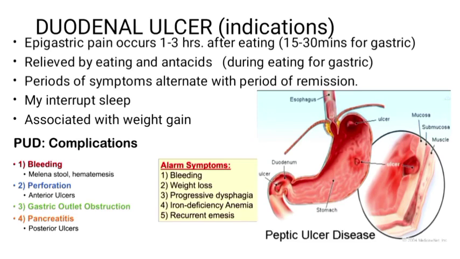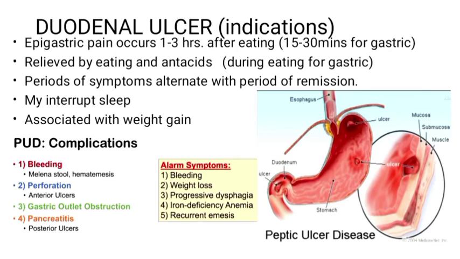But here, as we look at an overview, the pain is relieved by eating and antacids, periods of symptoms alternate with periods of remission, and it may interrupt sleep, also associated with weight gain. But also you have complications associated with this.